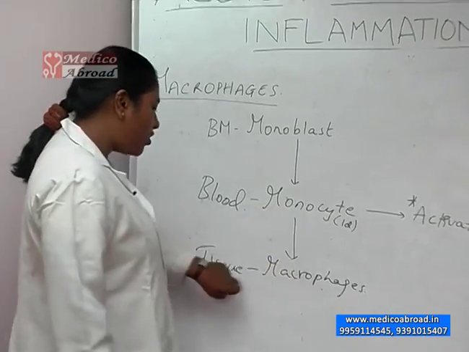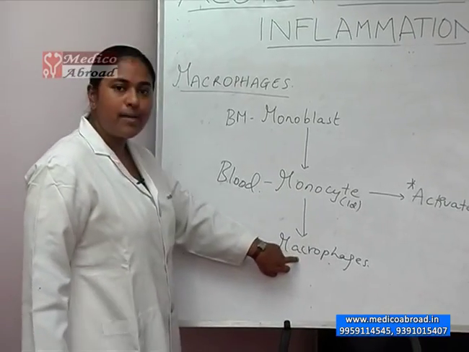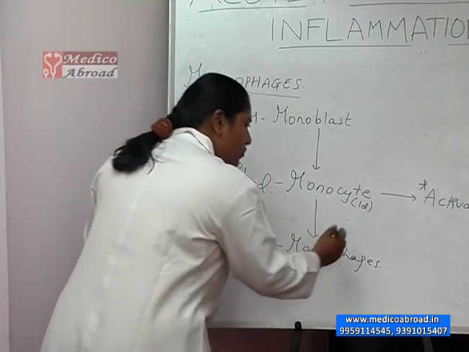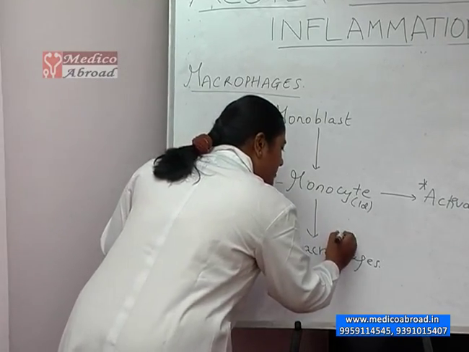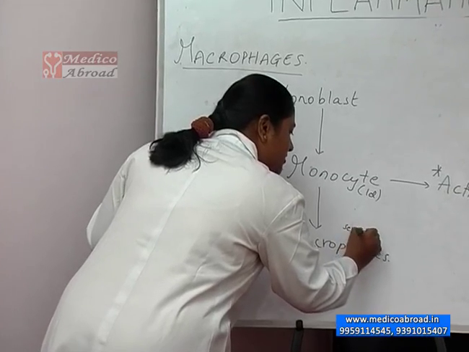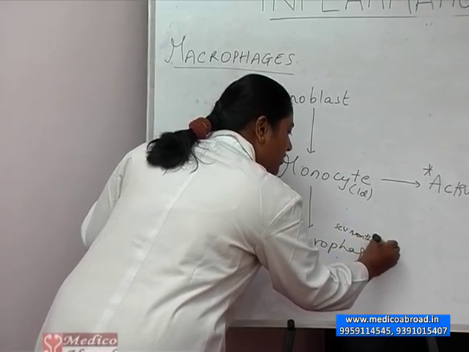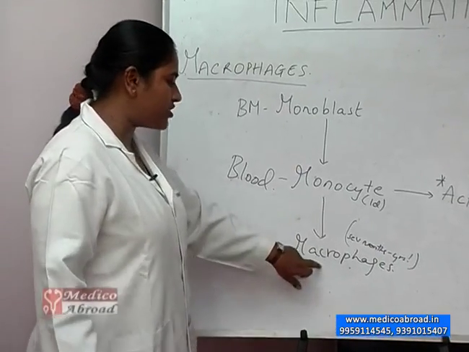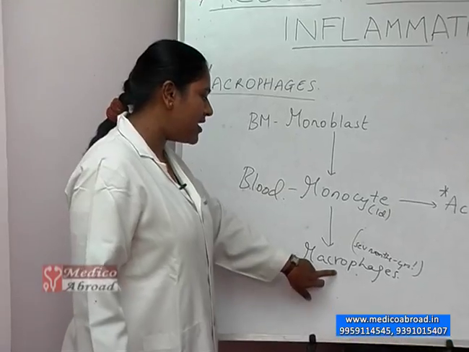But when they go to the tissue, they turn into macrophages. They are transformed into these specialized cells with a longer time frame, several months to years. These tissue macrophages may live from several months to several years.